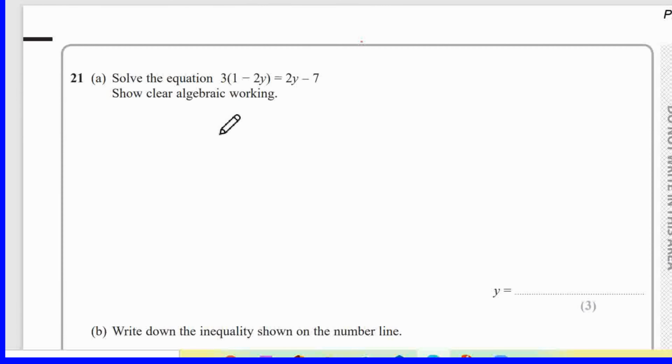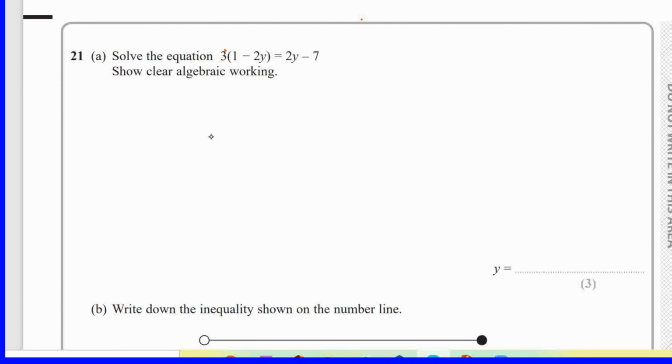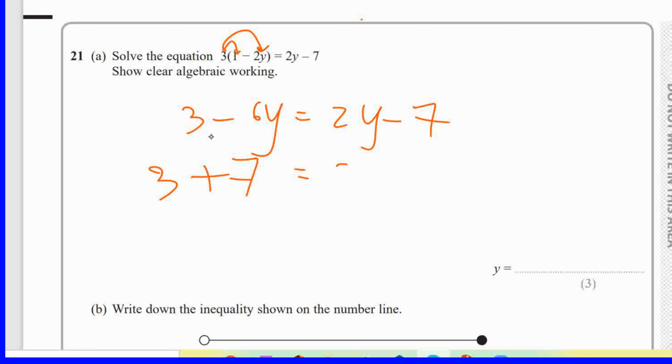Alright, number 21, solve the equations. Show clear algebraic working. So 3 minus 6y equals 2y minus 7. Now we have to combine y together and the 7 to the left side. So 7 moves to the left side, plus 7. 6y moves to the right side here. When we move 6y to the right side, we have to change the sign.